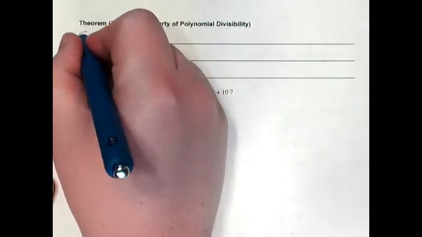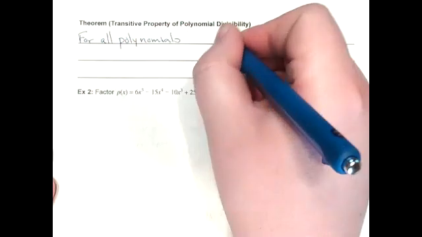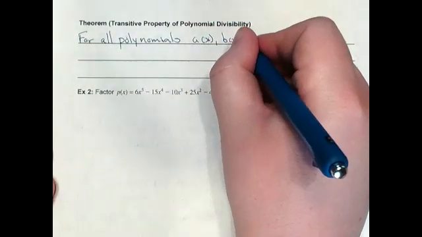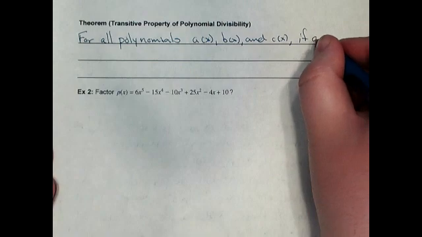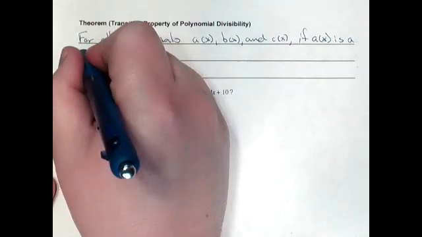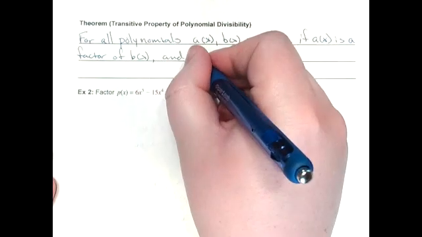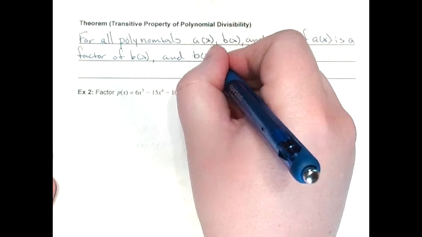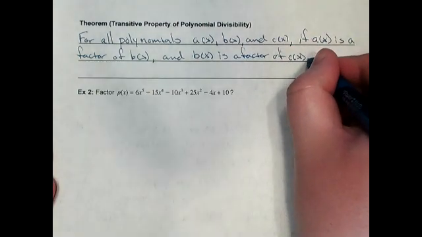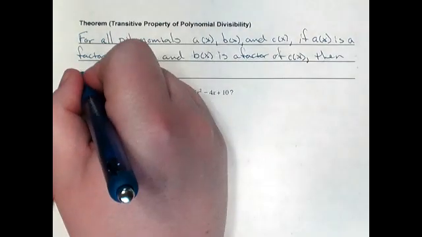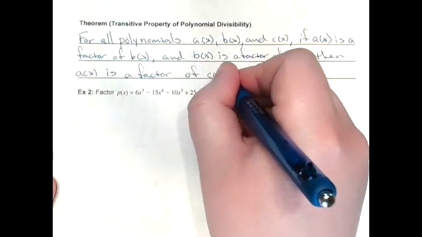We can say for all polynomials a of x, b of x, and c of x, if a of x is a factor of b of x, and b of x is a factor of c of x, then a of x is a factor of c of x.